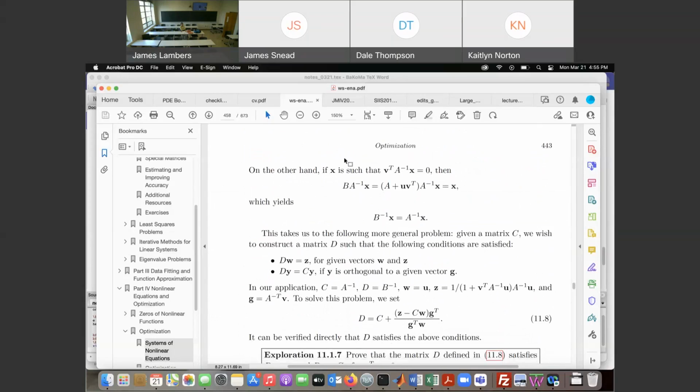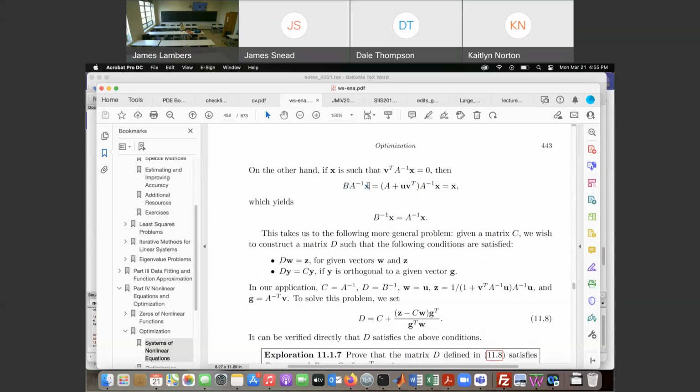Next, suppose I deal with a vector x such that v transpose A inverse x is equal to 0. Then I have the following.